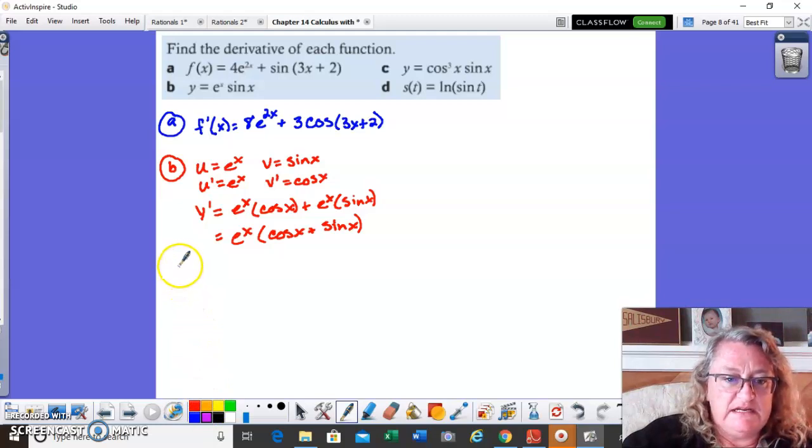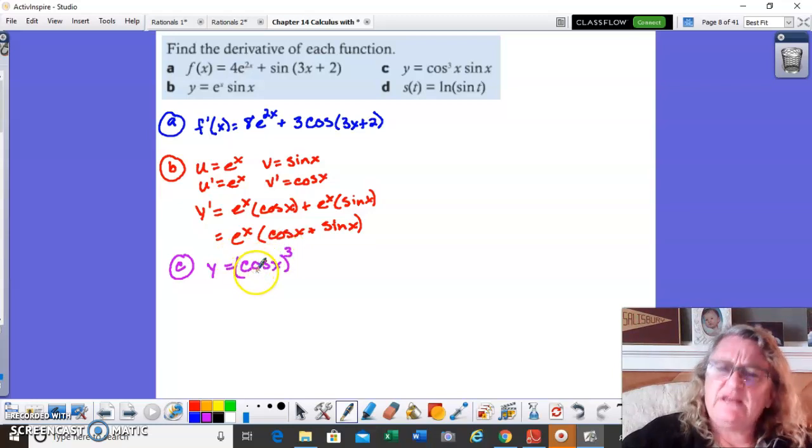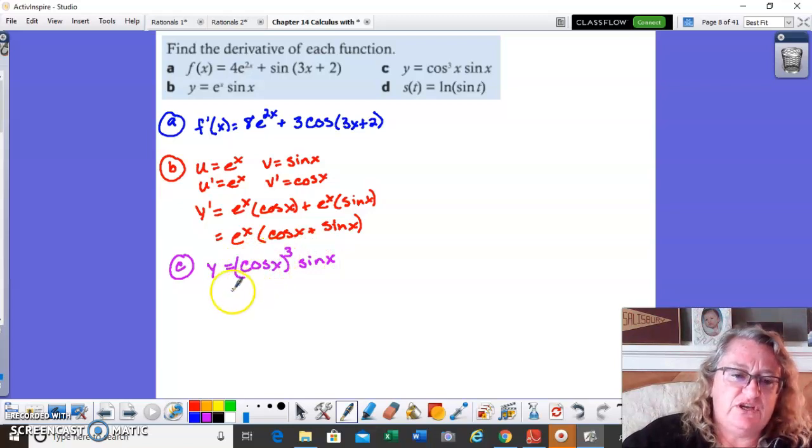Letter C, I've got a little bit of a mess. I've got cosine x that's being cubed, and I think it shows up a lot better as being the chain rule if I write it like that. And that's being multiplied by sine x. So it looks like I'm doing the product rule, and in the product rule I have to do the chain rule.